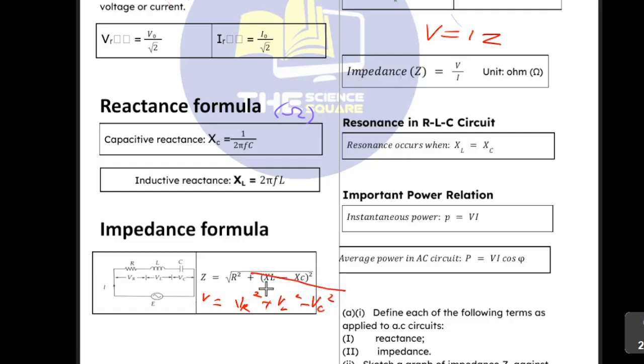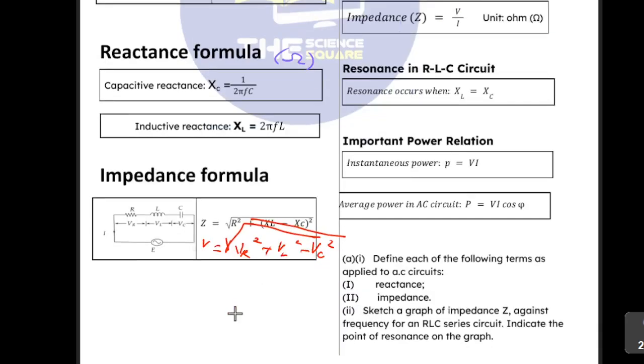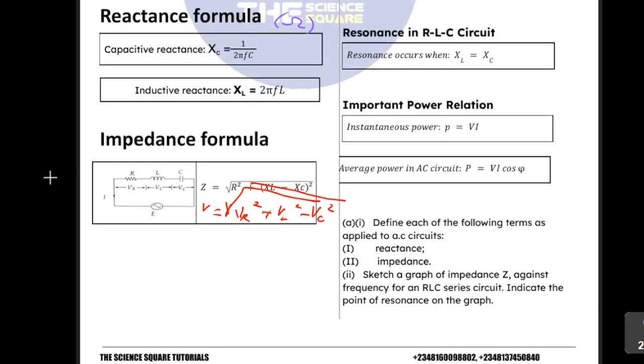This formula also holds. Let me rewrite the formula properly here. So we have V equals the square root of VR squared plus, VL minus VC, all squared. That earlier version was a mistake; this is the correct thing. Take note of that.